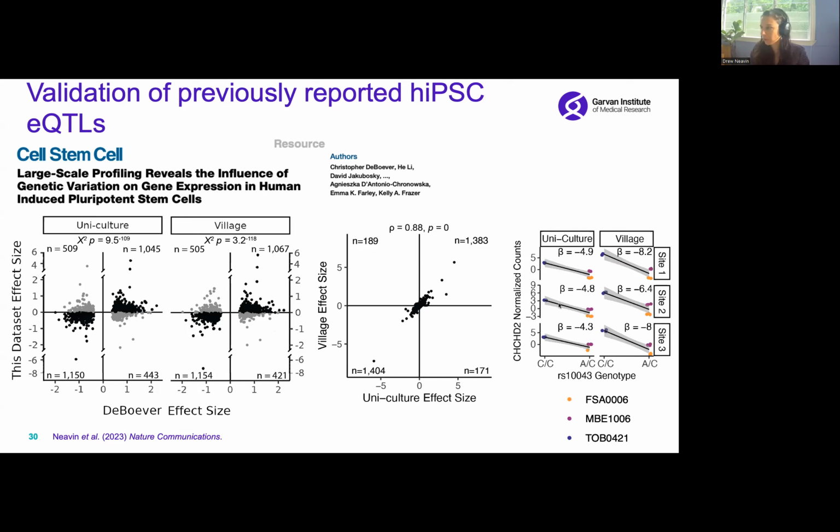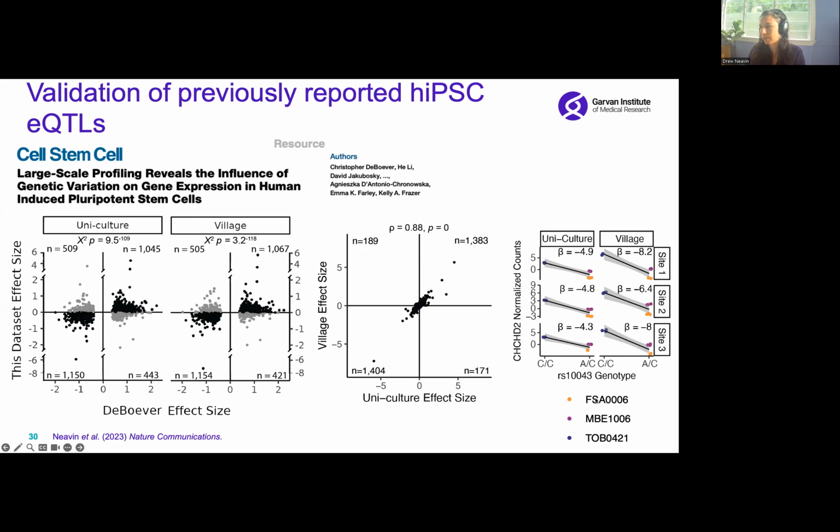And when we pull out a single example here of CHCHD2, you're looking at normalized expression on the y-axis and then the genotypes on the x-axis across our 3 sites. For our uniculture on the left and the village on the right, you can see that they all have very consistent effects. So a negative slope for all of these different associations.